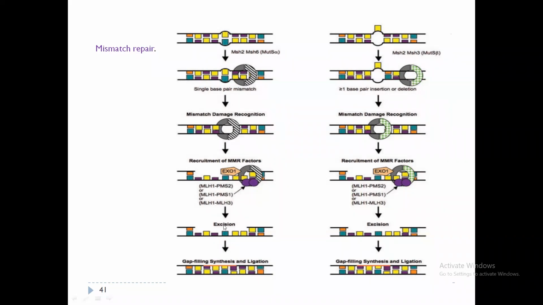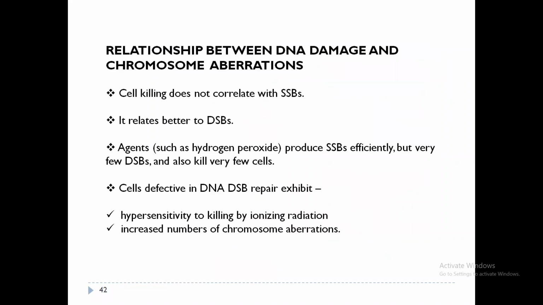So here excision has occurred. Now a gap will be formed. So finally gap filling, synthesis, and ligation will occur. And the gap filling step will occur by polymerases, RFC and PCNA, and then finally ligation will occur.